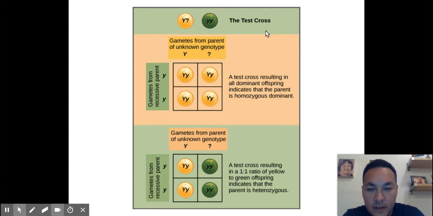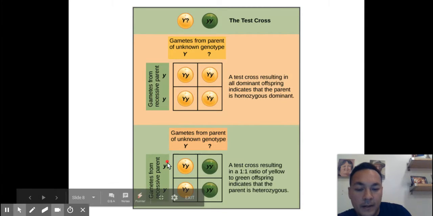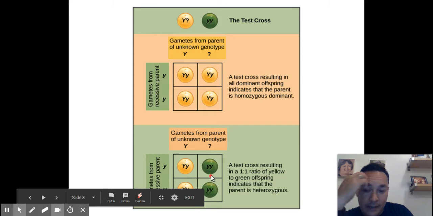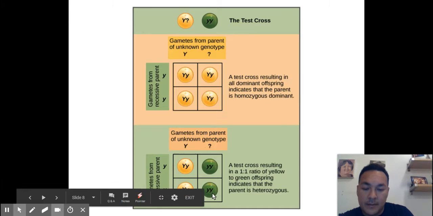If it all comes out yellow, then that means this had to be a big Y and this had to be a big Y to make all yellow seeds, right? Because the green one's always going to contribute a recessive smaller one. If it came out half and half, then we know that this had to be a big Y and this had to be a little y. And that's what led to these half green peas.